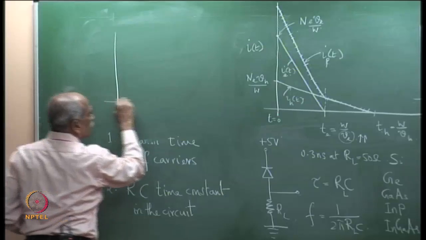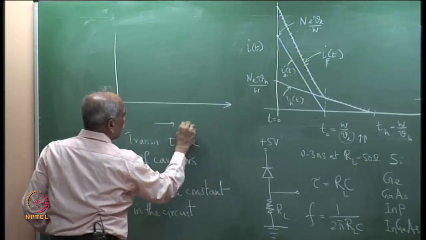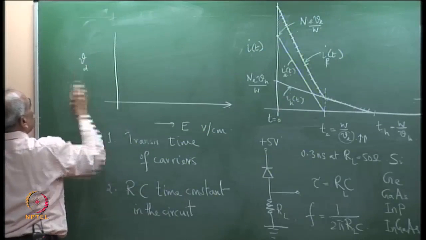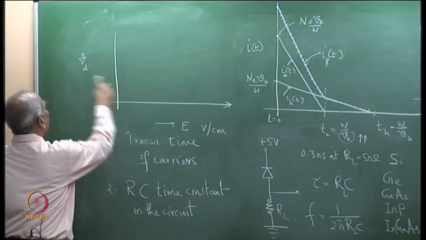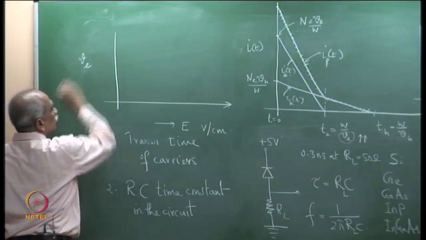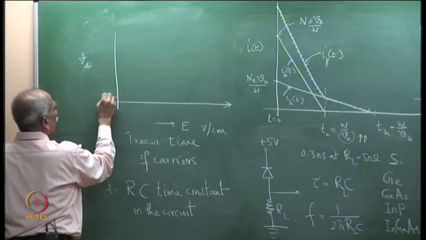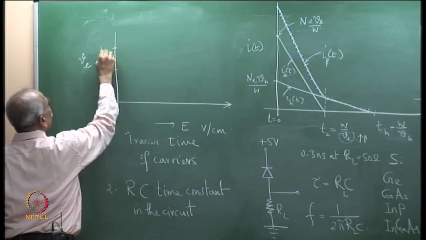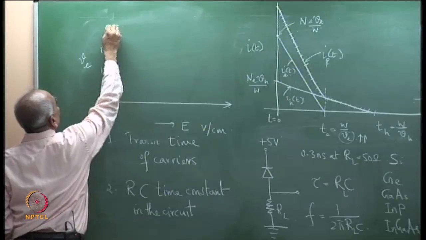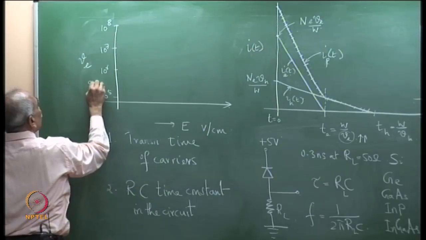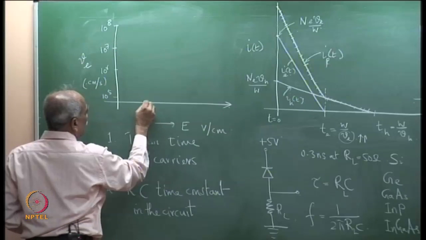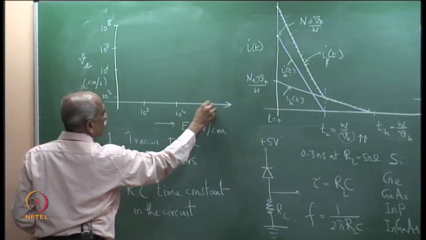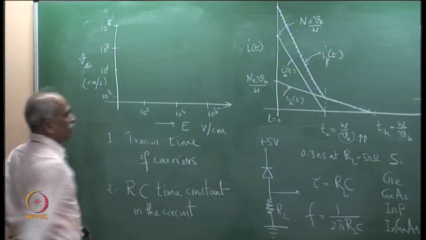If you plot the electric field in volt per centimeter versus the drift velocity Vd of carriers, for electrons, typical velocities are 10 power 5, 10 power 6, 10 power 7, 10 power 8 centimeters per second, and the field typical numbers are 10 power 3, 10 power 4 and 10 power 5 volt per centimeter.